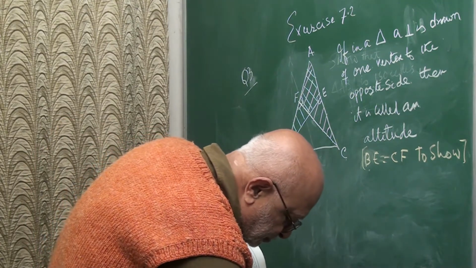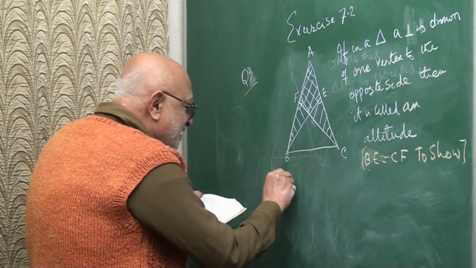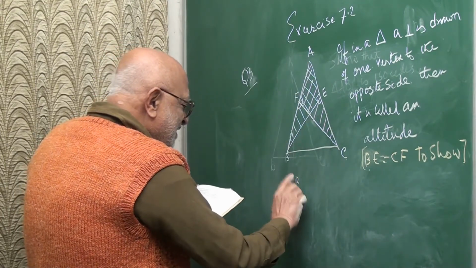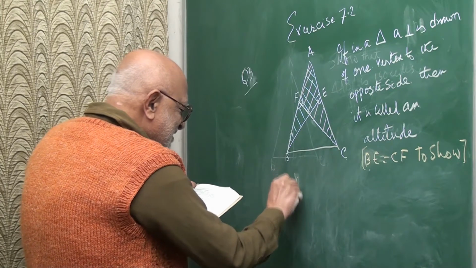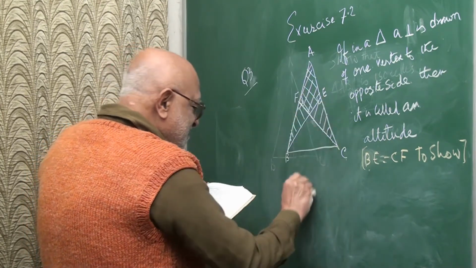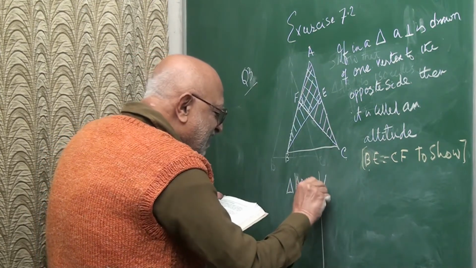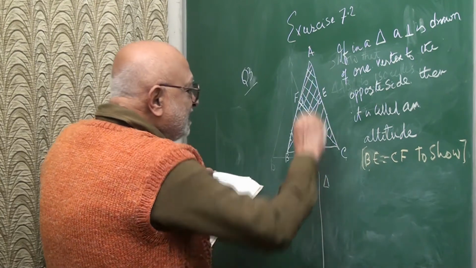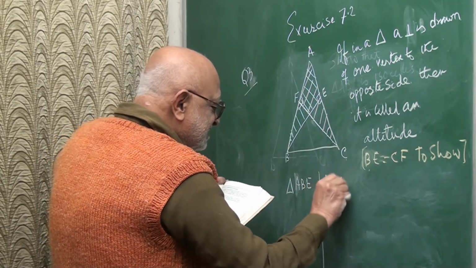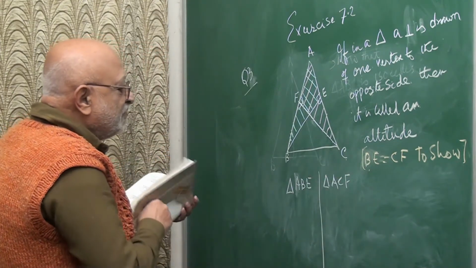So let us choose those two triangles. I'll write triangle ABE, and on this side triangle ACF. Let's see what we get out of this.